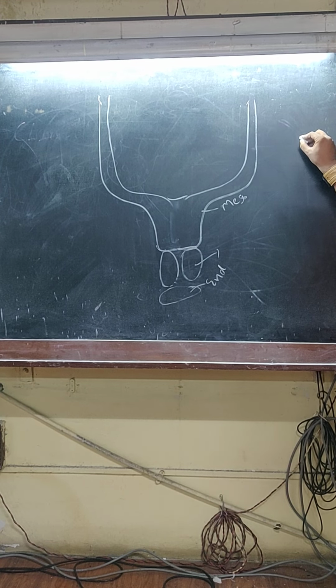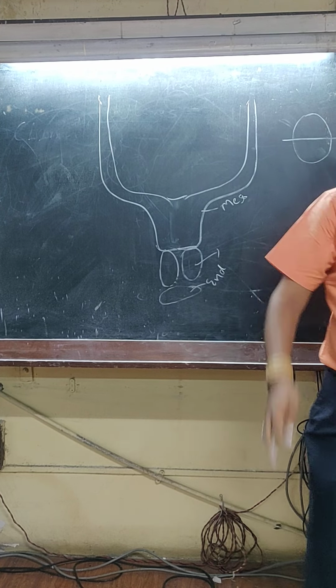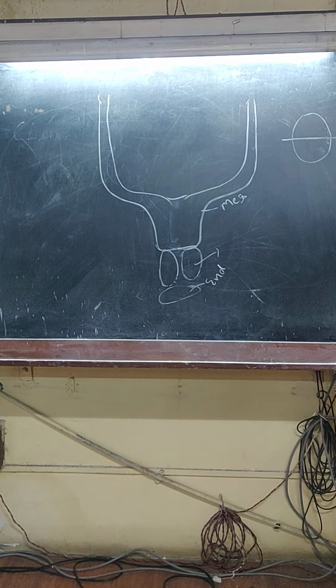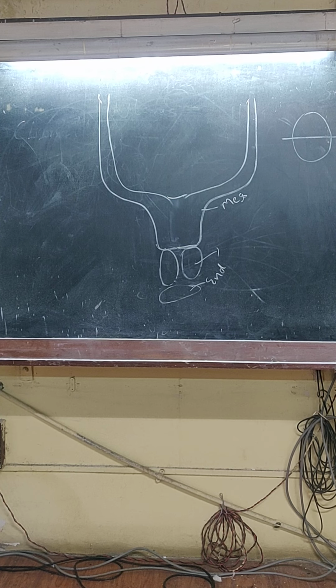Then all of you know that the cloacal membrane gets divided into urogenital membrane anteriorly and anal membrane posteriorly. Okay?